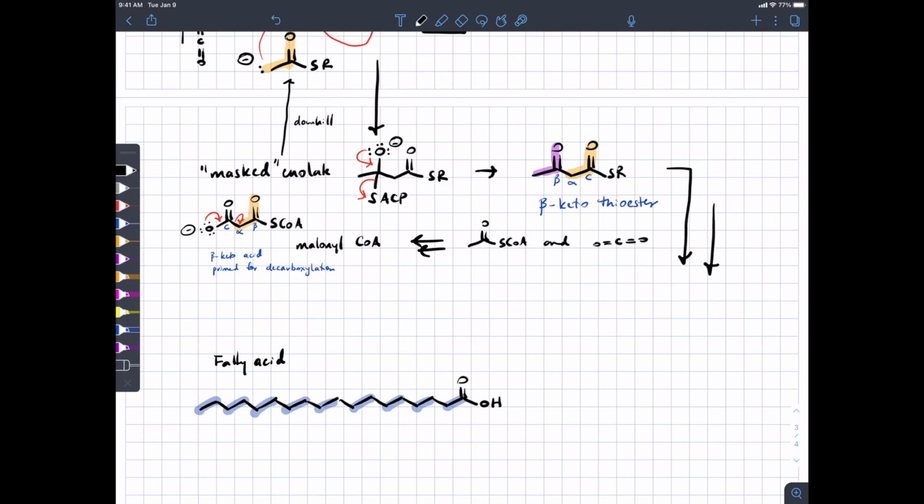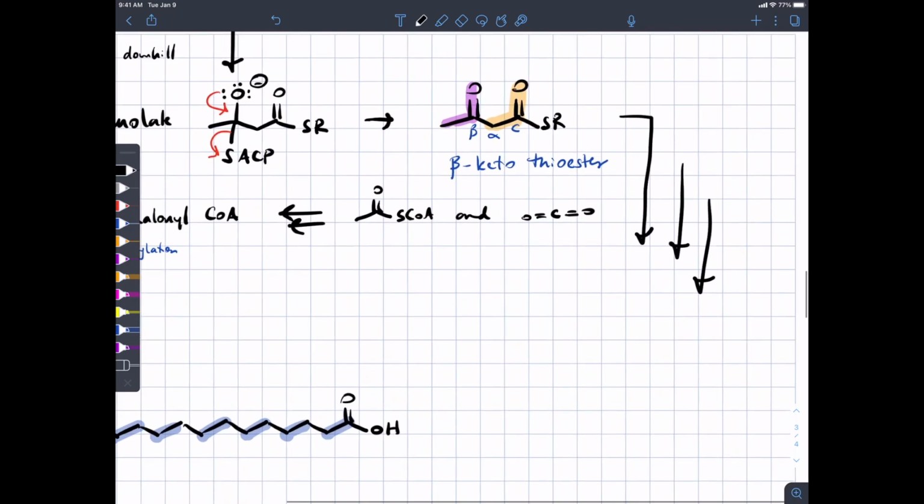There are a few other reactions that occur at this point. We won't talk about them in any detail now. We'll learn about them later and draw mechanisms later. We're going to reduce the ketone to an alcohol with NADH.